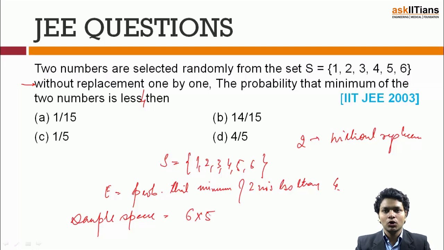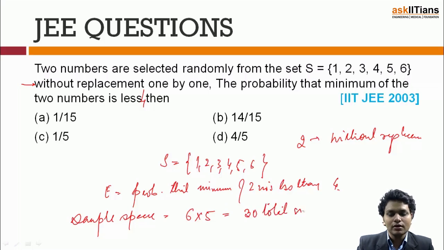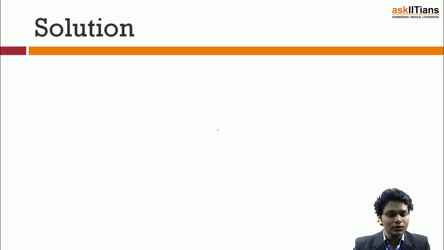And see, I am not going to divide it by 2 because I am doing it without repetition, right? So once one has been chosen for the first time, there are only 5 things which can be chosen in the next part. So 30 is the total number of ways with which I can choose 2 numbers. Fine enough. So the next thing is I need to find out the probability of selection that the minimum of the 2 numbers is always less than 4.